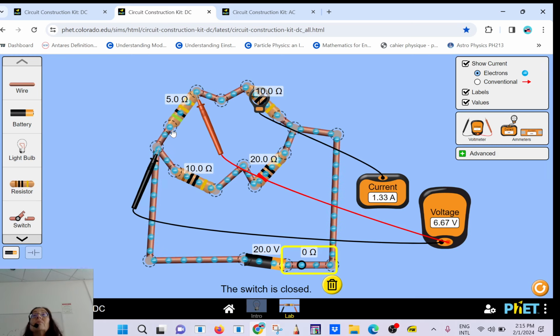So you have potassium, sodium, and I don't know what L stands for here. But you see, you can model that with a circuit.